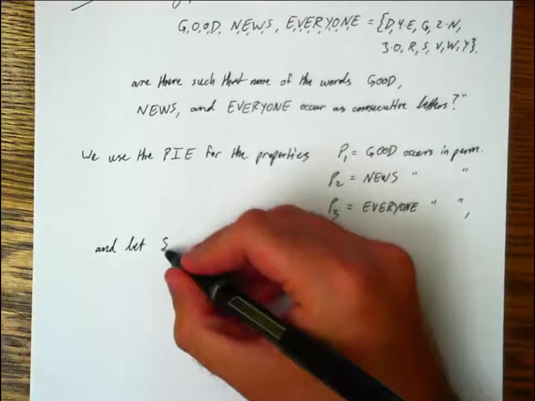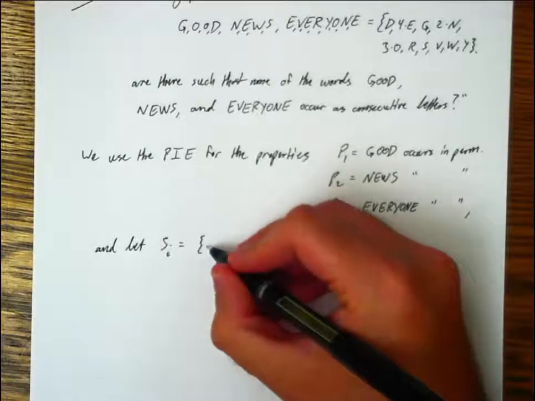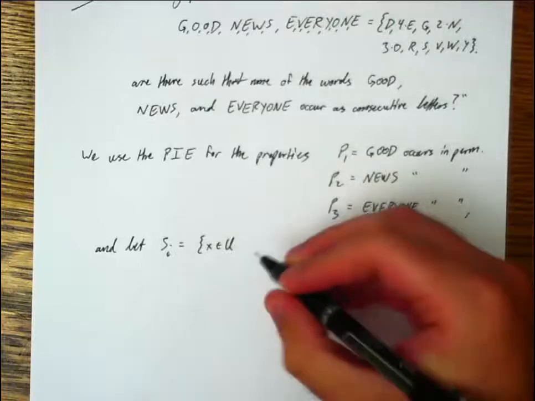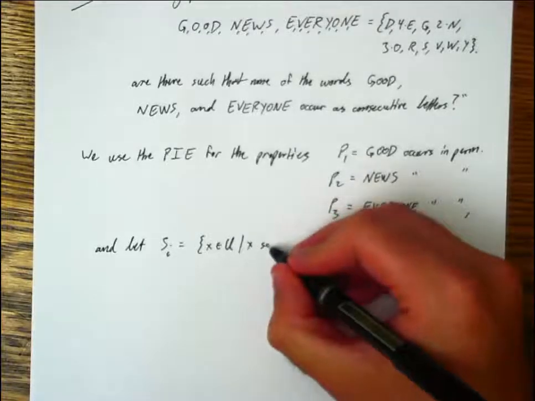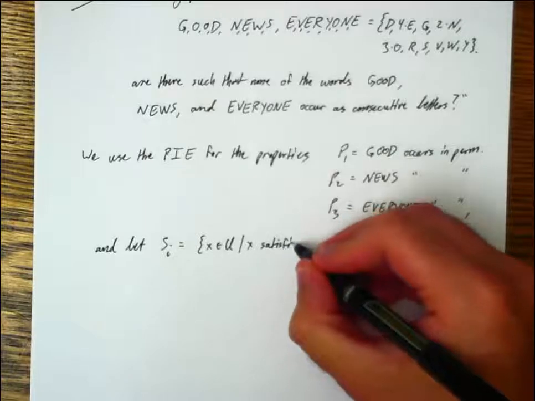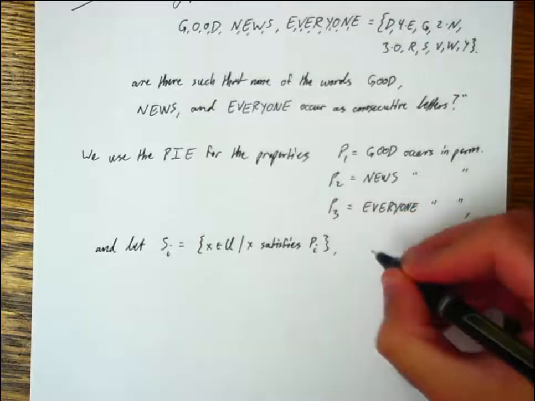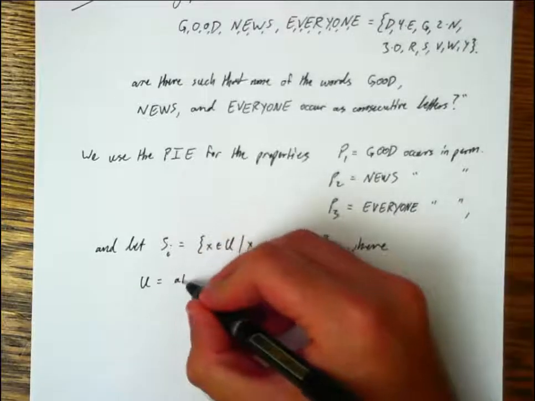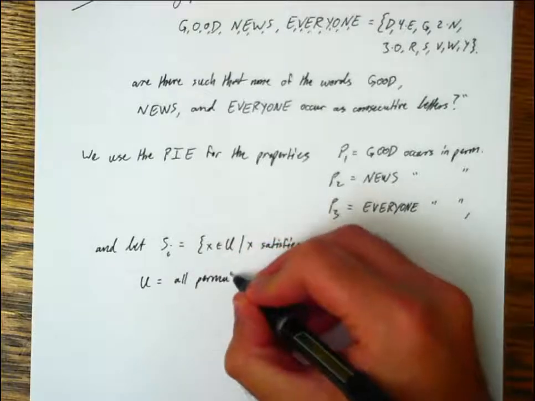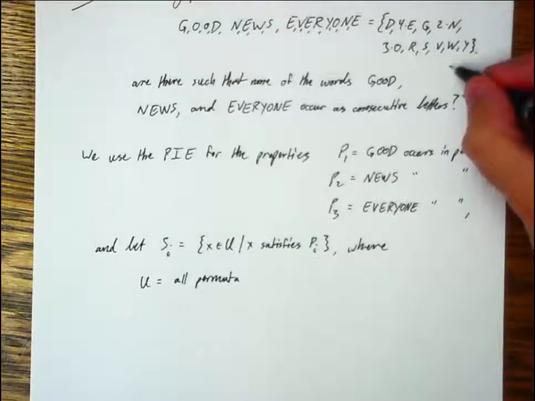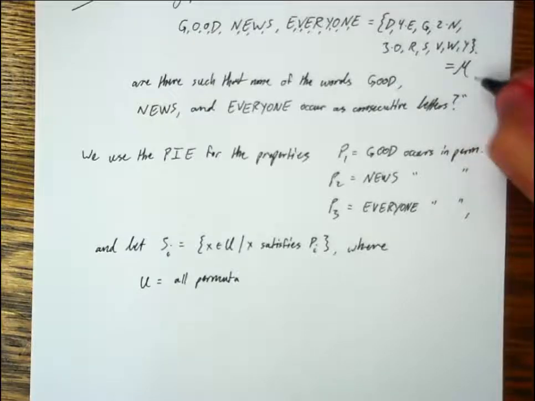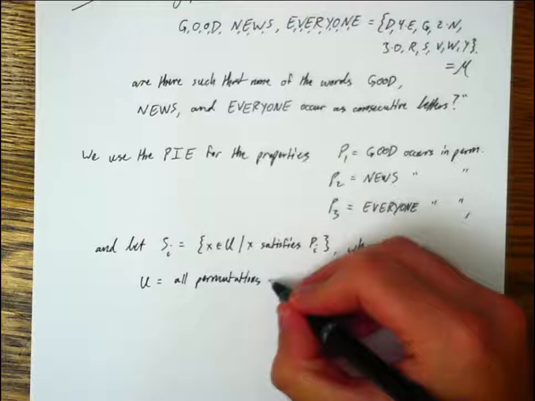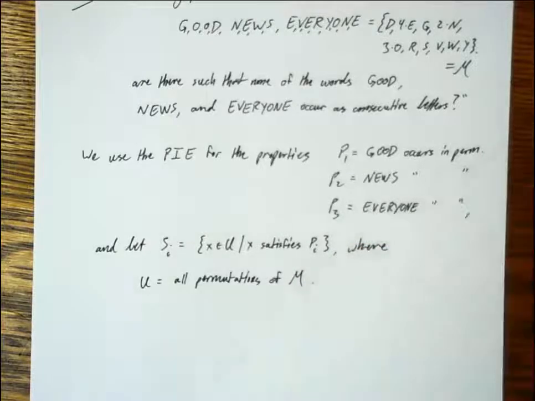S sub i is going to be defined as all the x's in U, and I'll define U in a moment, such that x satisfies P i. And that is where U is the set of all permutations of the multiset above. And I'm just going to go ahead and name this multiset M. All permutations of M.